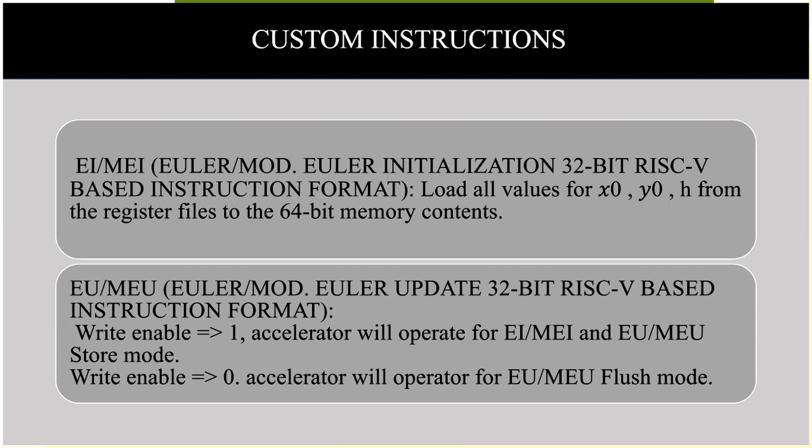For the update instruction format, when the write enable is 1, the accelerator will operate for the instruction initialization as well as the update store mode. When the write enable is 0, the accelerator will operate in update flash mode for both the methods.